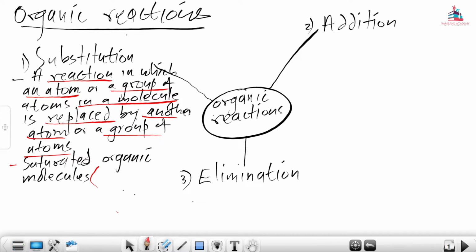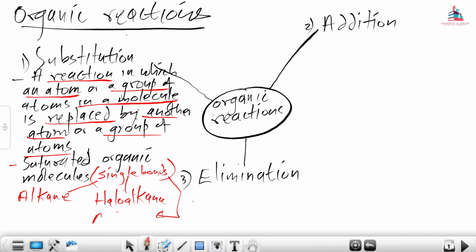So what are these saturated molecules? Remember, we said they must have only single bonds. So if they have single bonds only, what am I looking for? I am looking for an alkane. It's easy for that to undergo substitution. I am also looking for haloalkanes, and the other one can be our alcohols. Why?